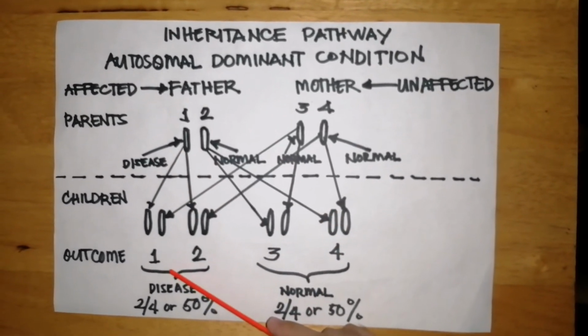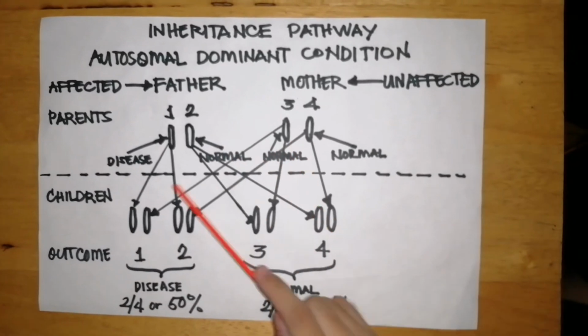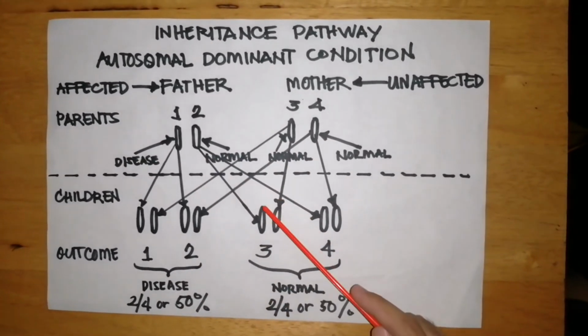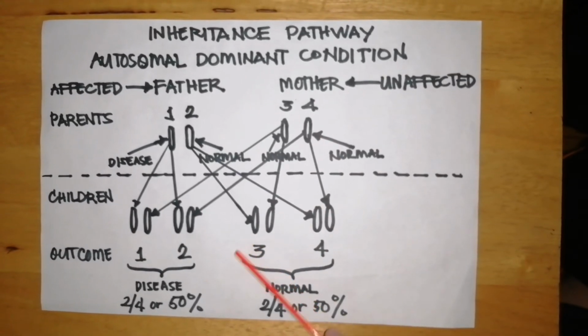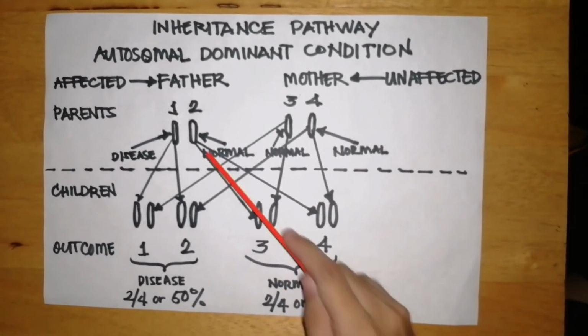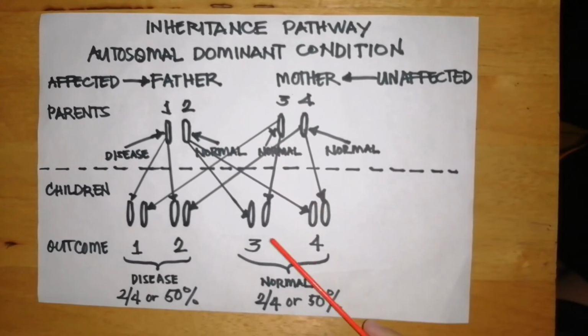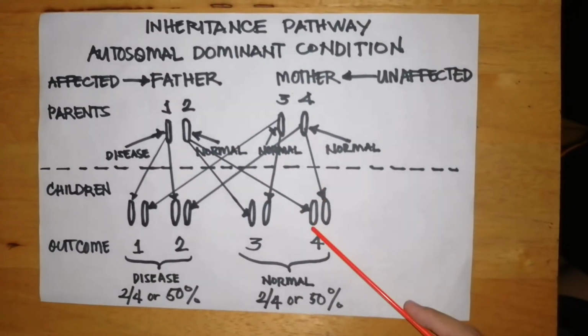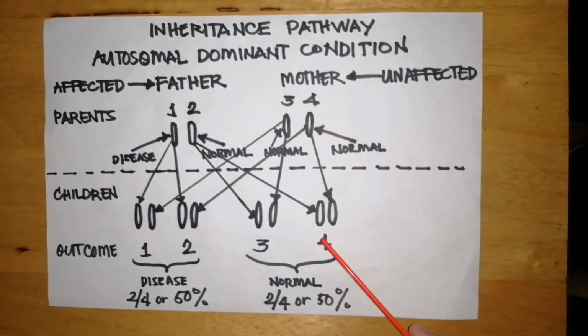Outcome 1 is copy 1 and copy 3. Outcome 2 is copy 1 and copy 4. Outcome 3 is copy 2 and copy 3. And outcome 4 is copy 2 and copy 4.